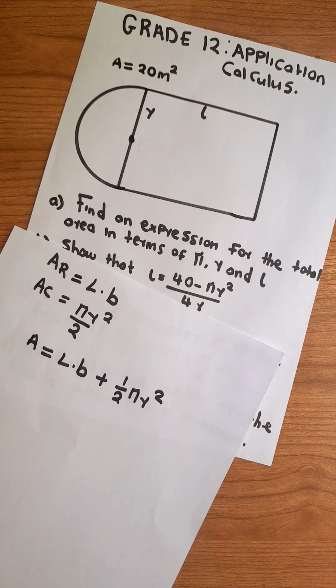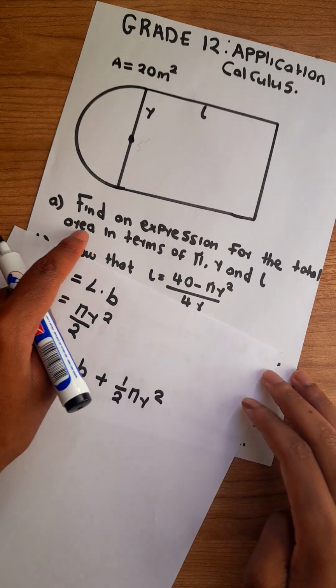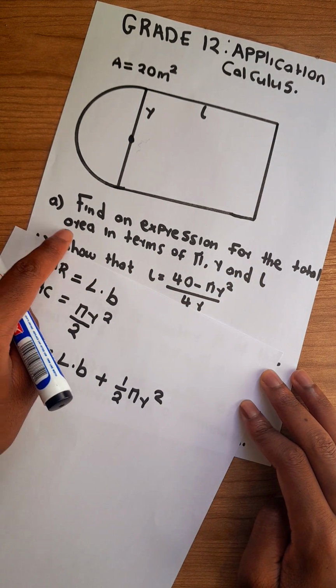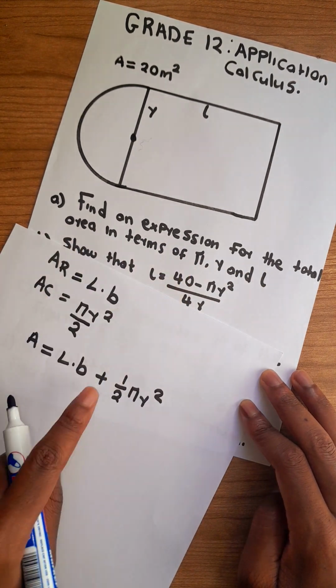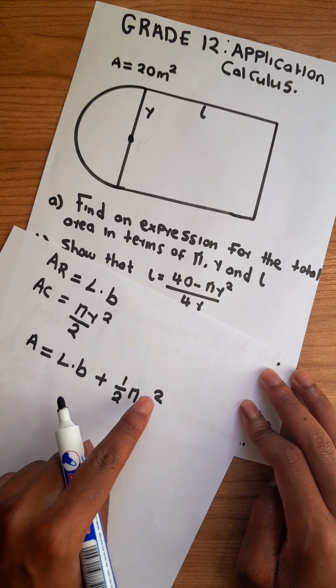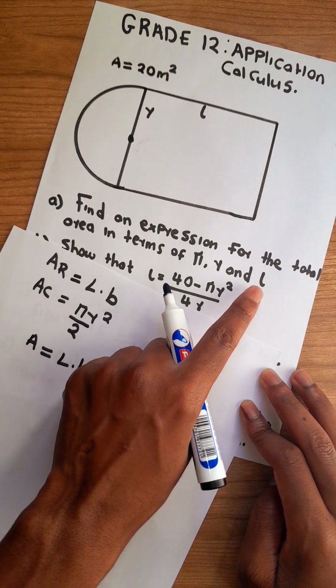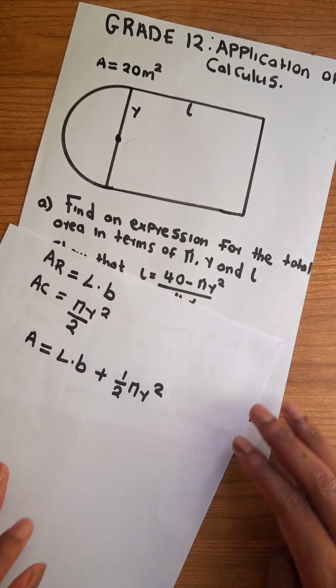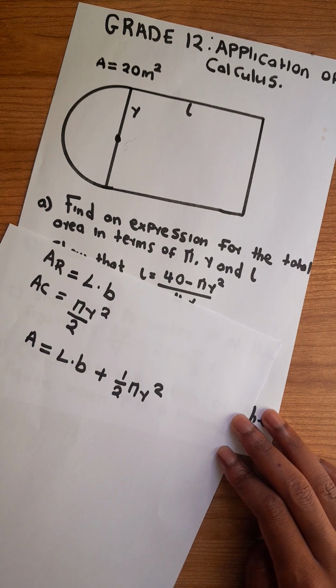Now, the first question says, find an expression for the total area in terms of pi. I already have pi. In terms of r, at least I've got r, and in terms of l. And this is going to be my l. Now I'm going to ask, what is the value of the length?